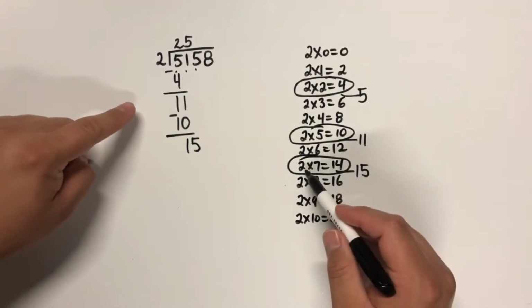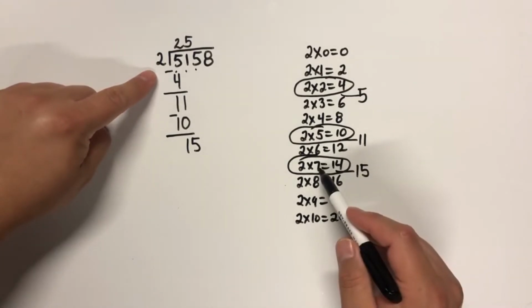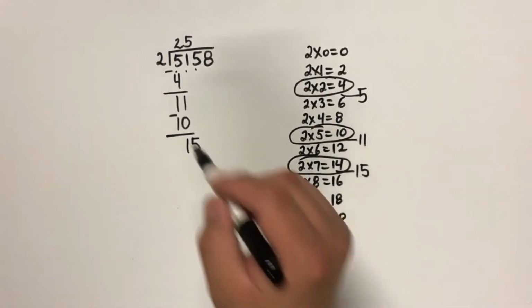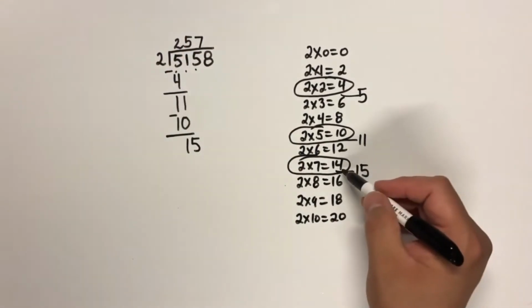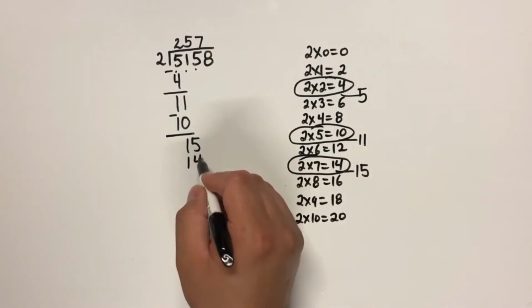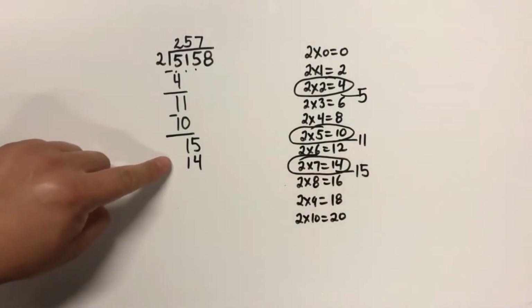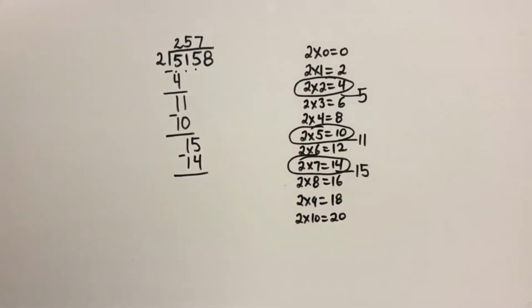The number 2 is this number 2 right here. This number 7 goes on top of the number 5, like so. And this 14 goes underneath the number 15. And then I'm going to perform a subtraction of those two numbers. 15 minus 14 is 1.